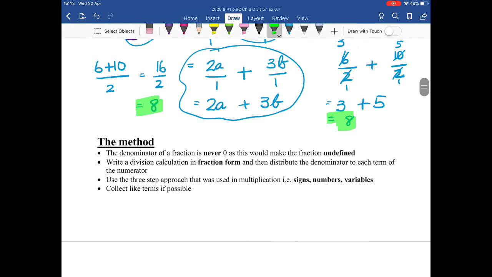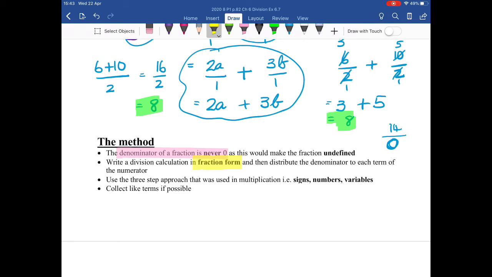I've just written down the little method for you. You've got to remember that a denominator can never be 0. Remember, if I have 14 out of 0 for a test, your mother's going to say you're nuts. That is undefined. The first thing we're going to do is write the expression in fraction form, always.